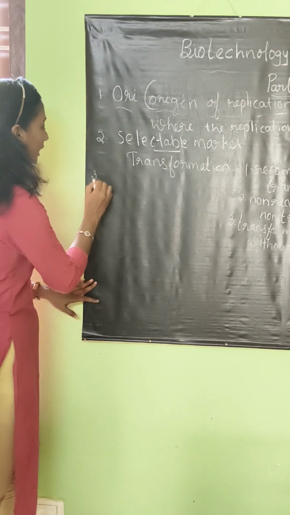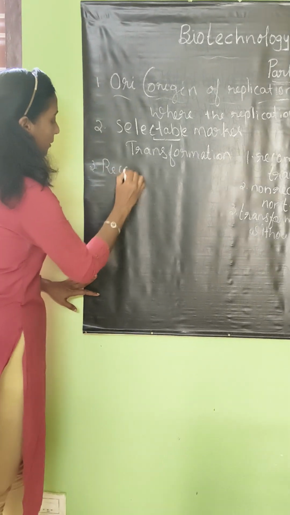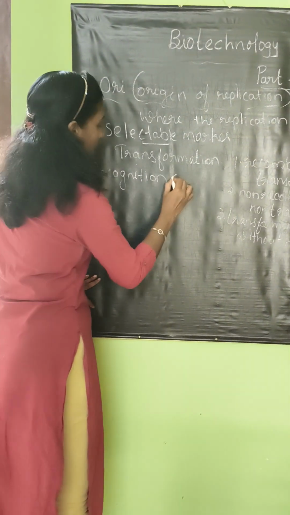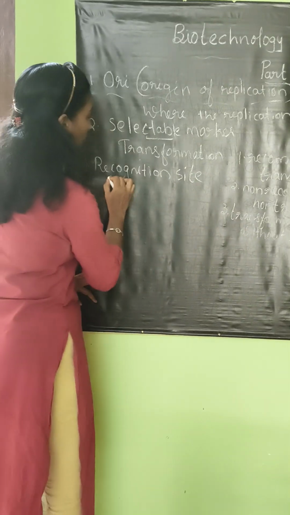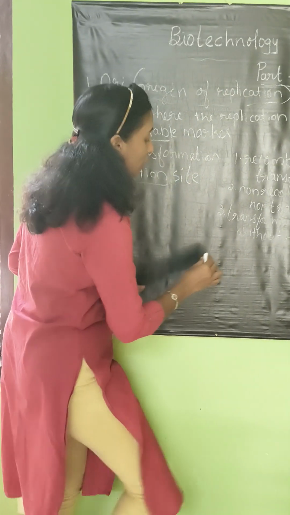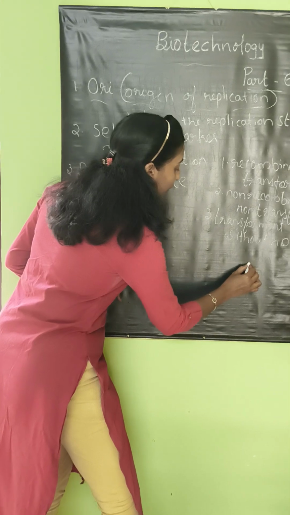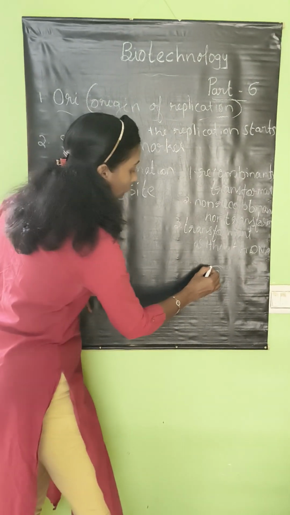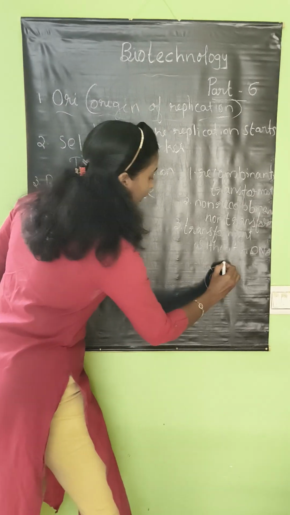Next, the third feature is the recognition site. As we know, one of the plasmids we commonly use in biotechnology is pBR322.